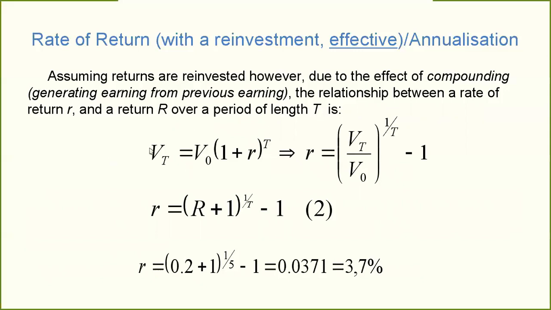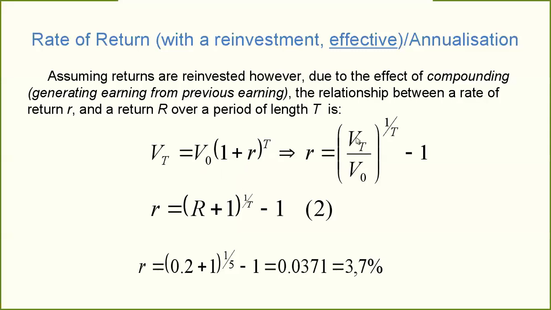So this formula is just the formula of compounding interest rate, and from it we can find R little. It's easy. We divide both sides by V0, and after that we take the root, and R little is this formula.